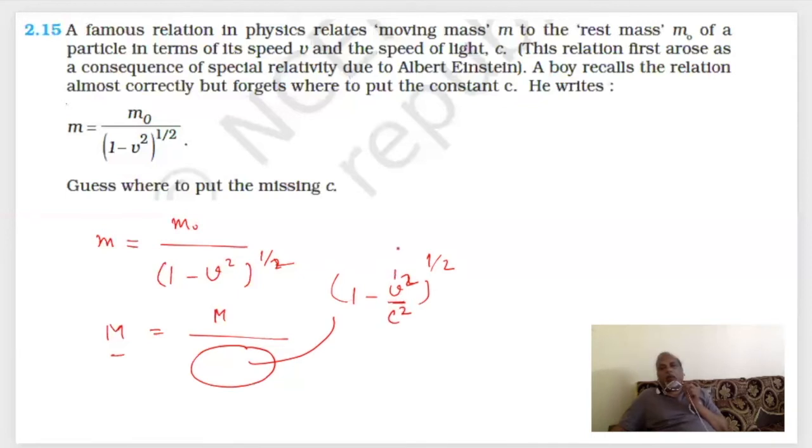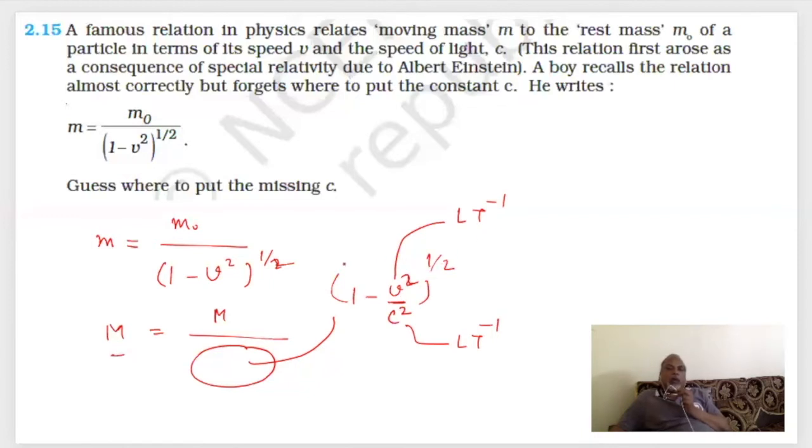The velocity has dimension LT minus 1, and the speed of light is also a speed, so it has the same dimension. So in v square by c square, the dimensions cancel out.